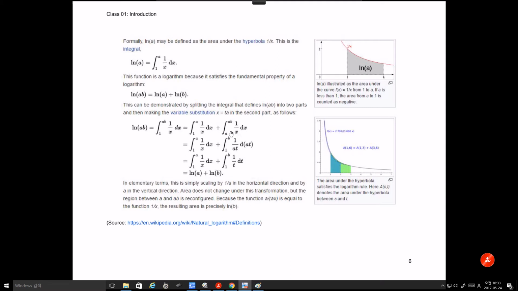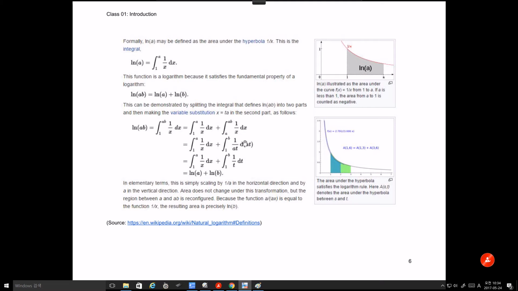But now we integrate x from a to ab. Instead of integrating from a to ab, because x is now at, we can integrate t from 1 to b, right? Because t goes from 1 to b, x becomes ab. When t is 1, x is a, and when t is b, x is ab, right?